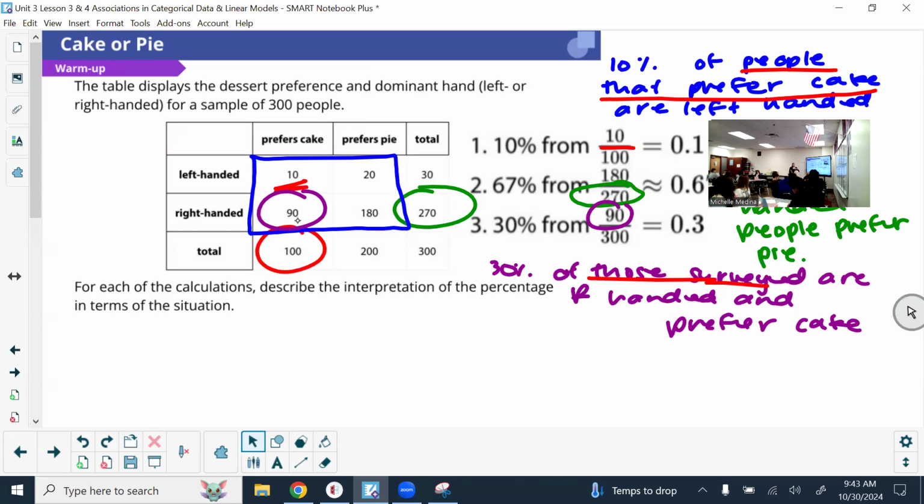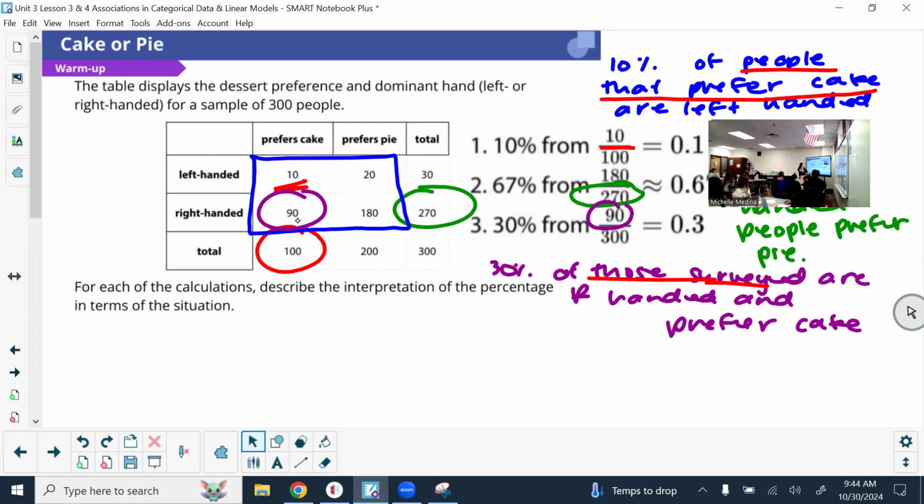But if we calculate some values and see that there's a certain trend, like maybe only right-handed people like pie, a staggering amount, we could say that there's an association, a trend, but that doesn't necessarily mean that there's a cause there. You being right-handed doesn't cause you to like a certain dessert, but you can still say that there's an association.